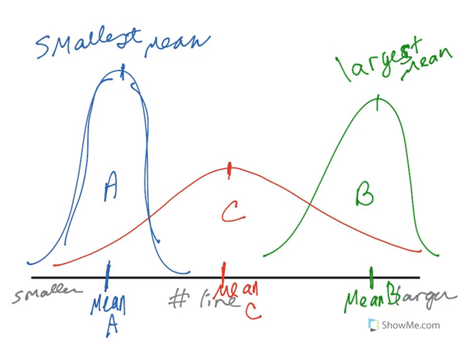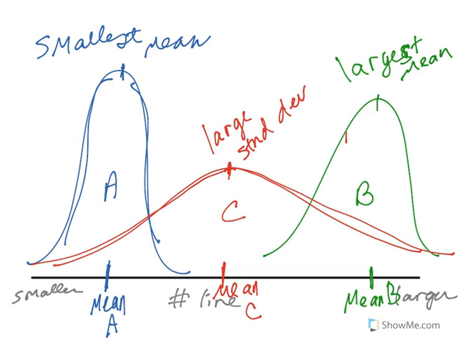But the other thing I want to talk about is standard deviation. Okay, so standard deviation is the spread of data. So if something is spread out a lot, look at graph C, really spread out, that means this has a large standard deviation because standard deviation is the spread of data.